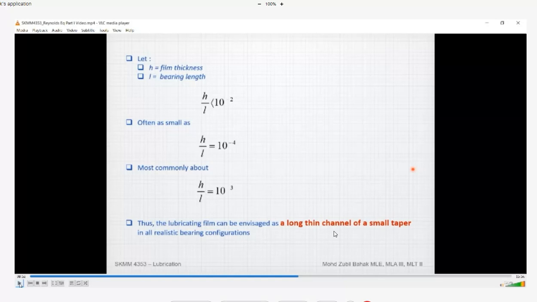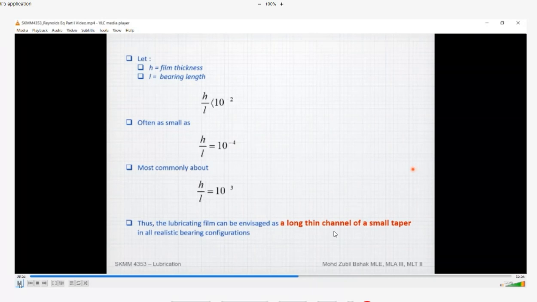In some bearings, the fluid is moving because it is sheared by the journal, for example. But in other bearings the fluid flows because of two factors: the shearing of the fluid and, at the same time, a pressure difference within that bearing. So viscous flow will be applied to this lubrication.